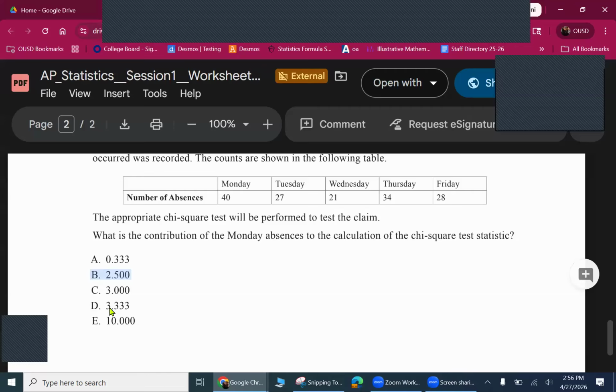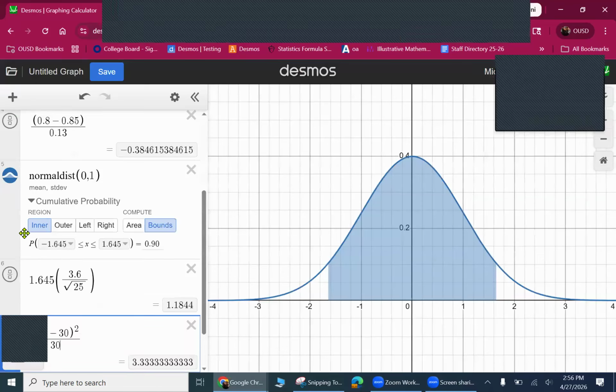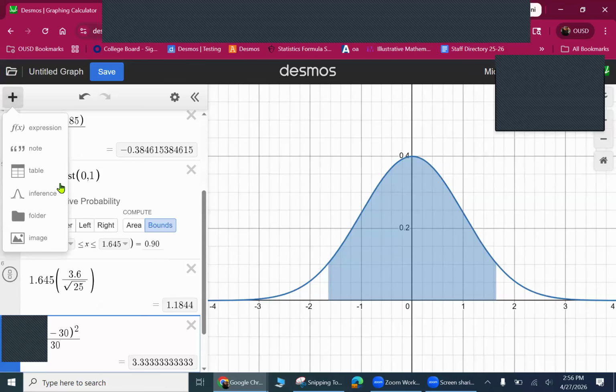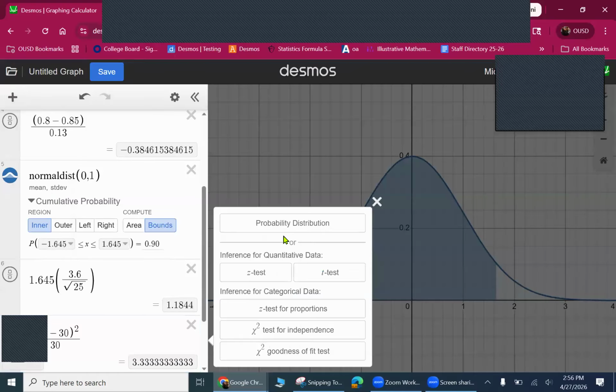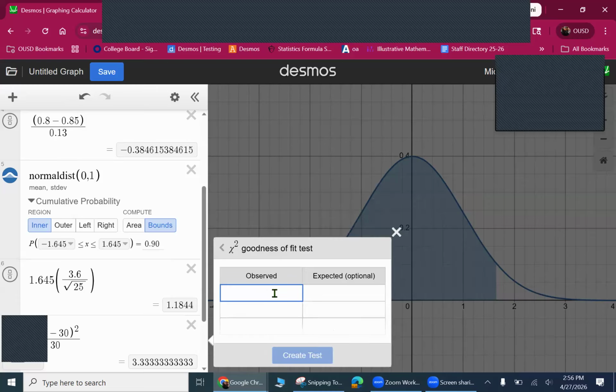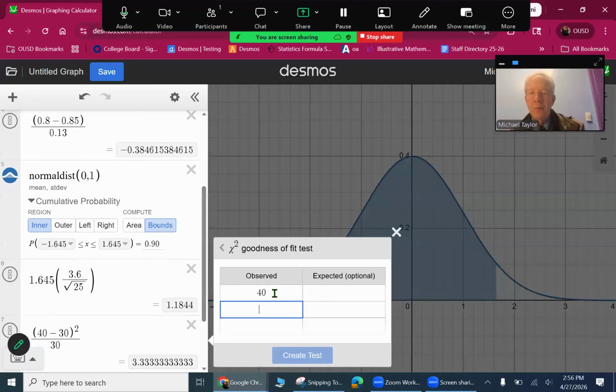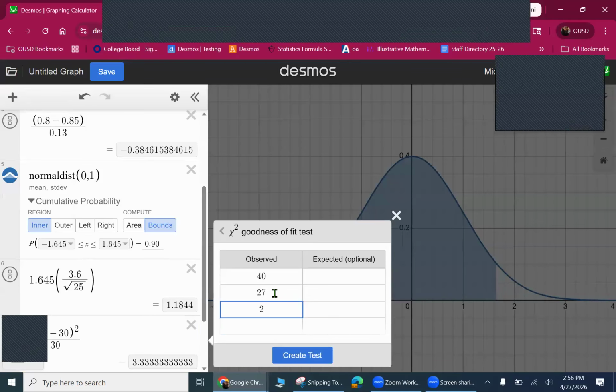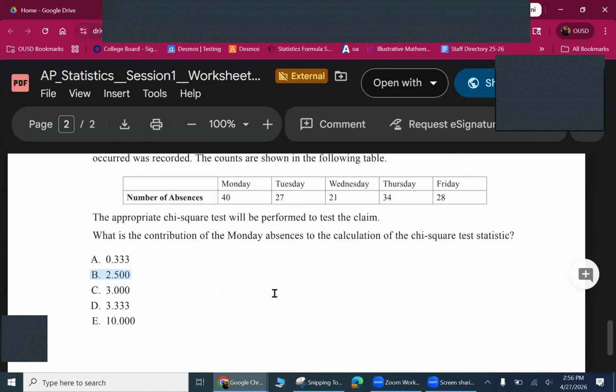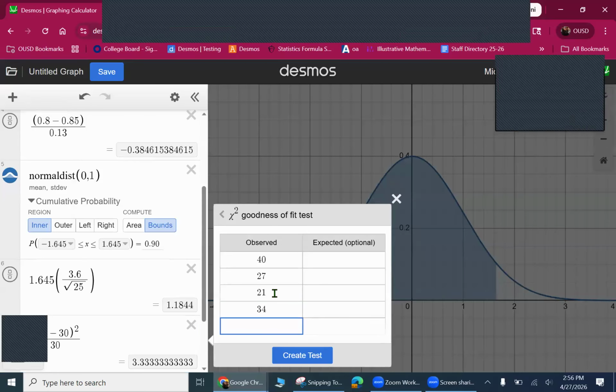Just for fun, let me show you how to do this in decimals. If we were asked to do the chi-square inference, I could do it manually, but I can also do it here. This is for goodness of fit. So our observed is 40, what was it? 27, 21, 21, 34, 27.